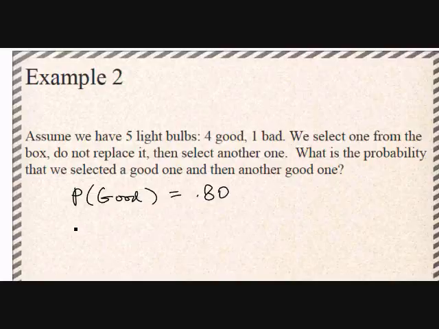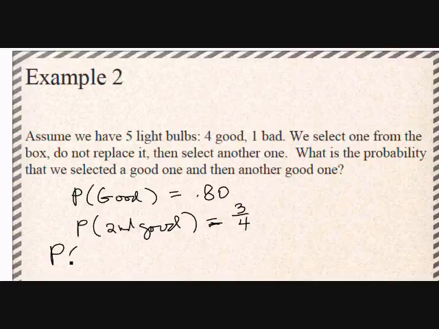But the probability for the second good light bulb is not 80% anymore. I did not replace the bulb, so I'm no longer into independent events. I'm into dependent events. I only got 4 bulbs left in the box, and only 3 of them are good.